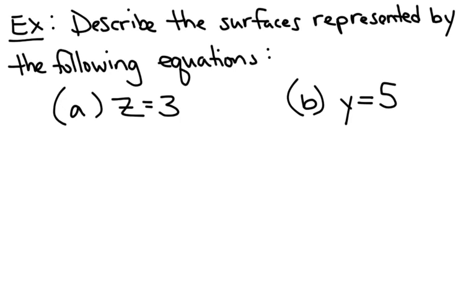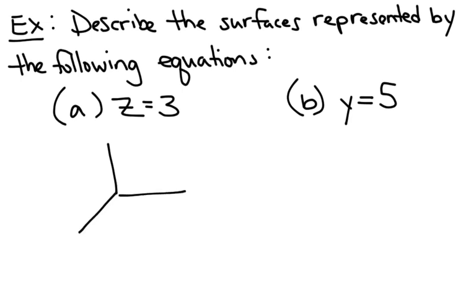So we're going to describe the surfaces represented by each of the following equations graphed in 3 dimensions. The graph of z equals 3 is not going to be a line through the z-axis. Like if you think about the graph of x equals 2 in 2 dimensions, this is what it looks like. Instead, we're going to graph this in 3 dimensions, and it would look something like this.